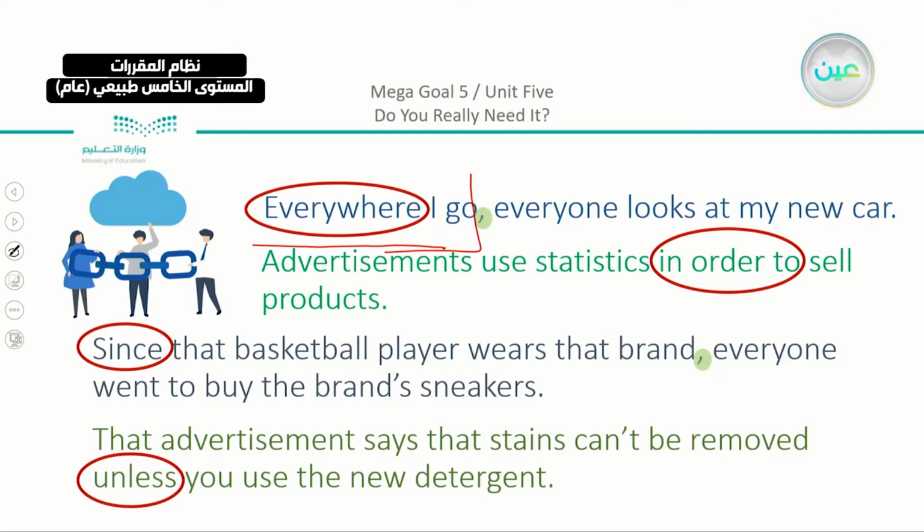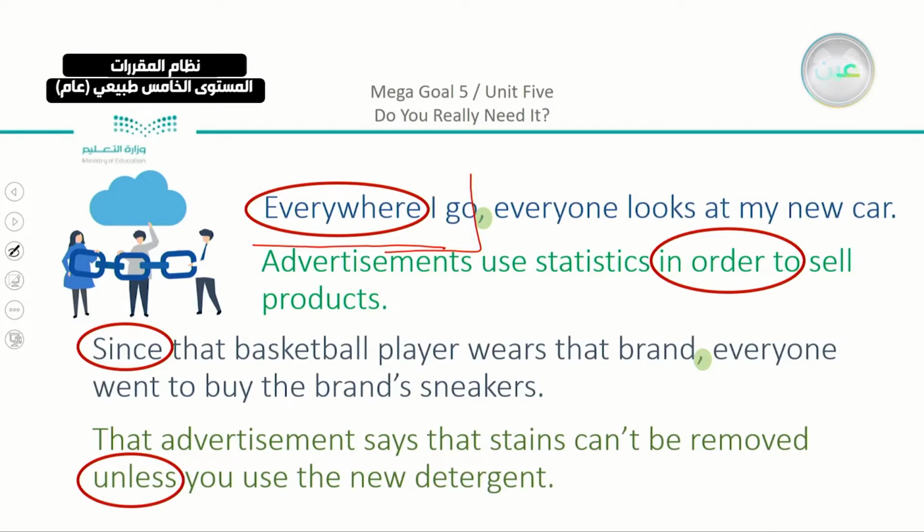Let's try it again. Advertisements use statistics. I'm telling you that advertisements use statistics. You got an idea? But if I say just a sentence, in order to sell products, you would think, okay, after that, what? In order to sell products, there is something missing.